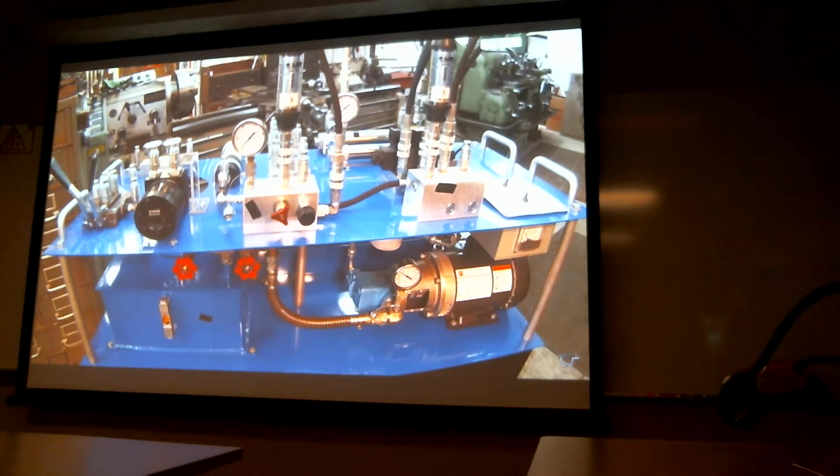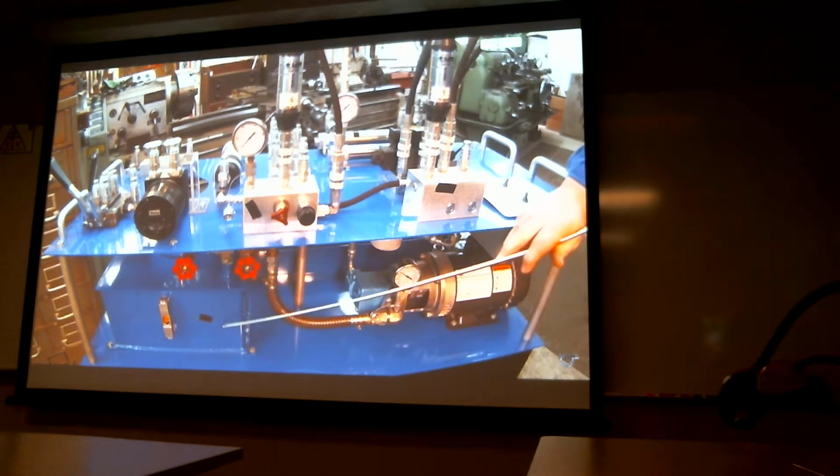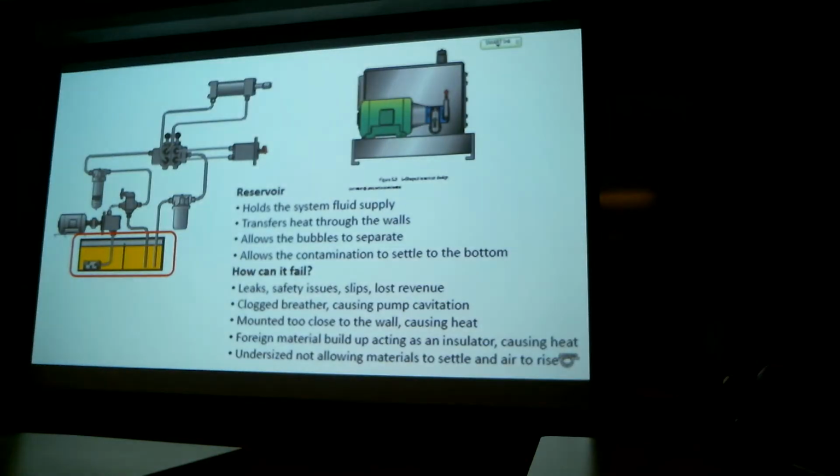So the first thing we want to talk about is the hydraulic reservoir. A lot of people think that the hydraulic reservoir is just dumb and square and holds oil, but it really does several other things. The function of a hydraulic reservoir is that it holds the system fluid supply, it transfers heat through the walls, and it allows bubbles to rise to the top.